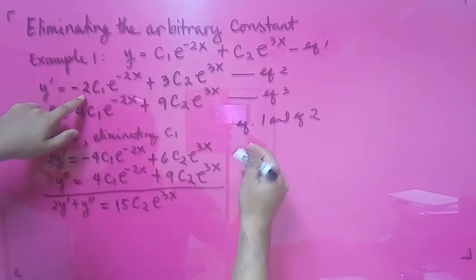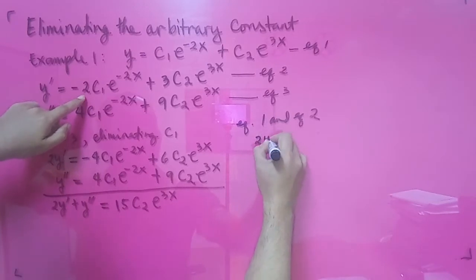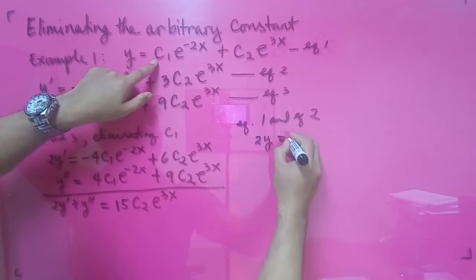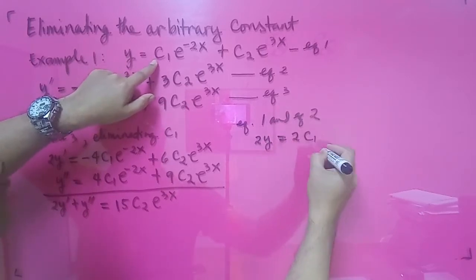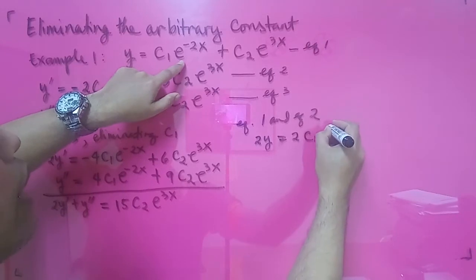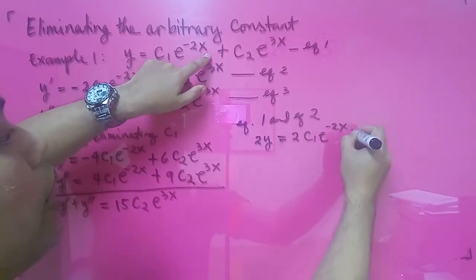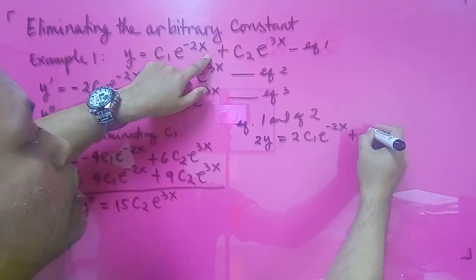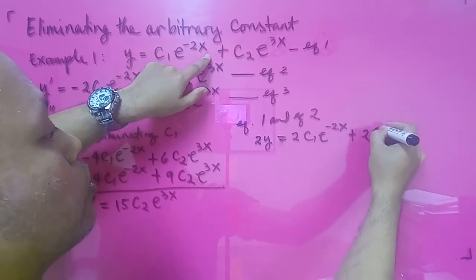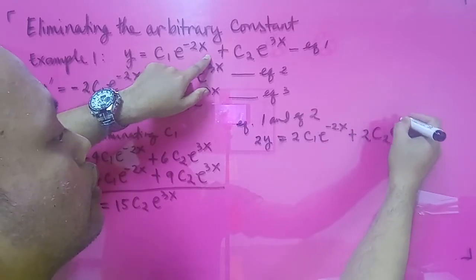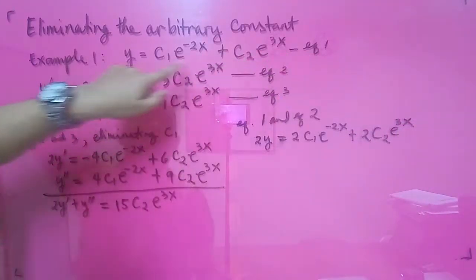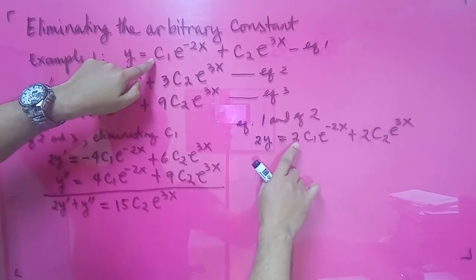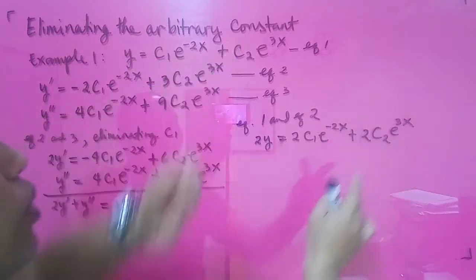So 2 times y, that is 2y, equals 2 c sub 1 e to the negative 2x plus 6 times 2, so 2 c sub 2 e to the 3x. I multiply this equation by 2: 2 times y, 2 times c sub 1, 2 times c sub 2.